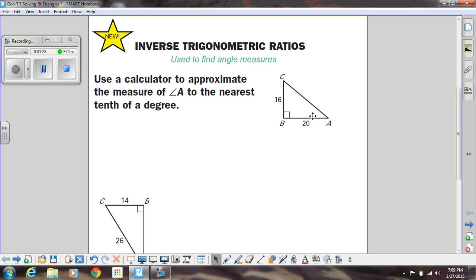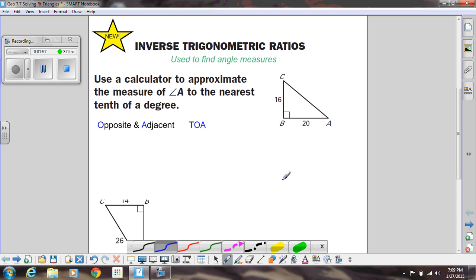So notice in this triangle, I don't know any of the angle measures, so I can't just do 90 minus an angle to find the other one. So we're going to set up our trig ratio to help us solve for this angle A. We're going to notice that the two sides that I have are opposite and adjacent to angle A. Here, let me mark angle A so we can see that more clearly.